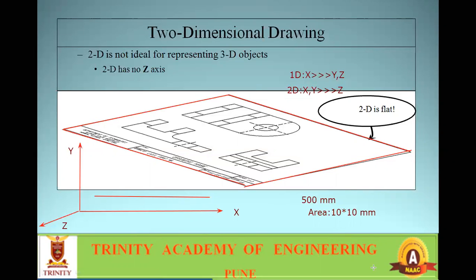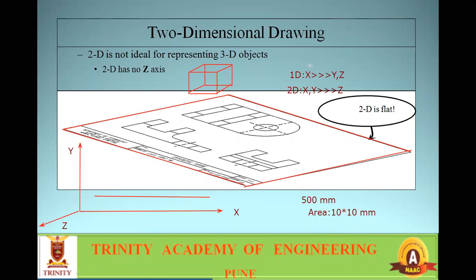But when the question comes to 3D, then the object will be defined as I explained in the previous lecture: this one is there, this one is there, this one is there, and this one is there. The cubical object which I drew in the last lecture. So this is called 3D.